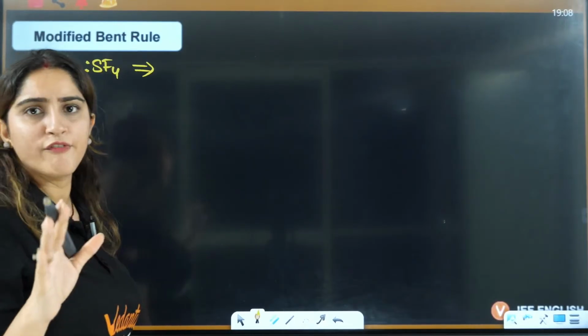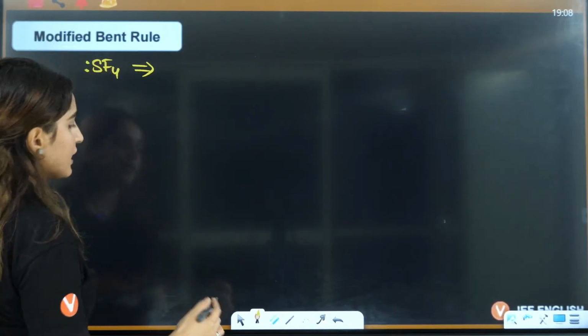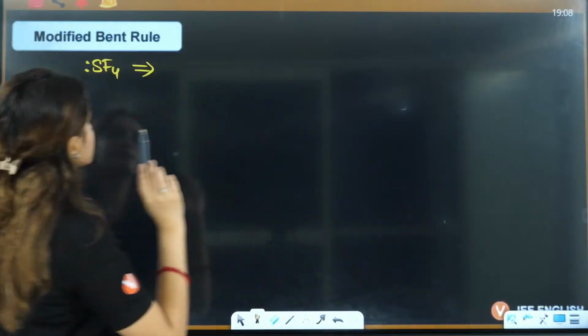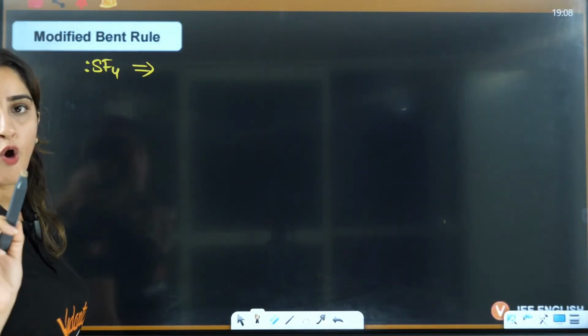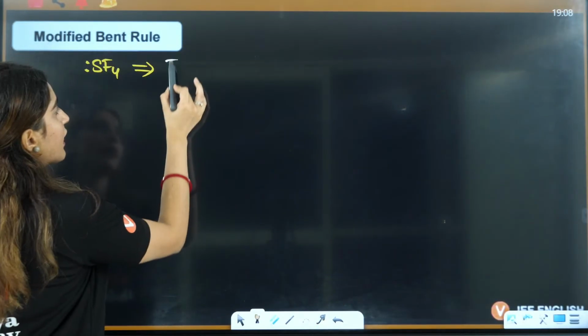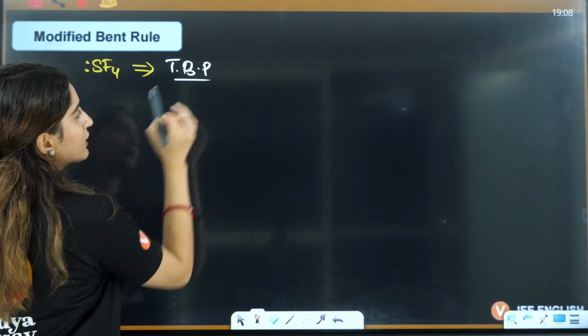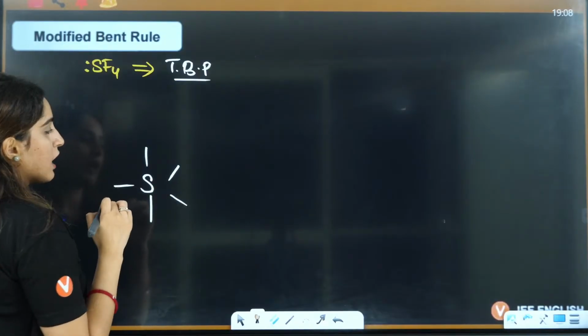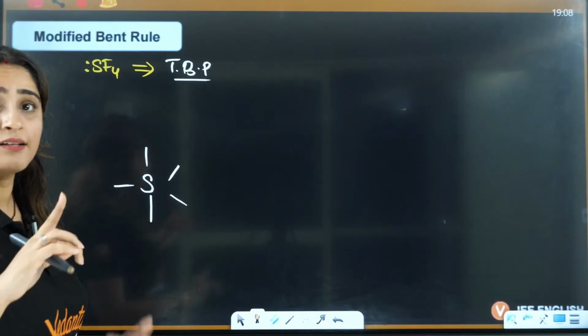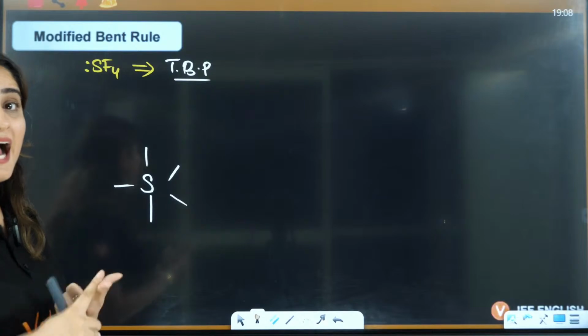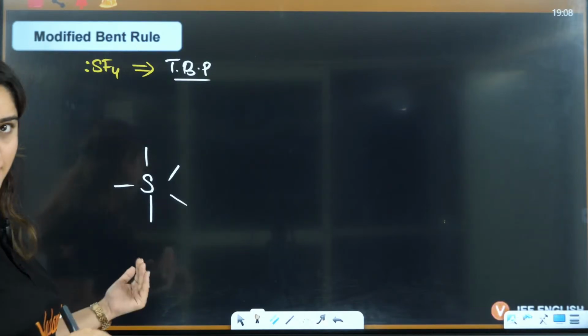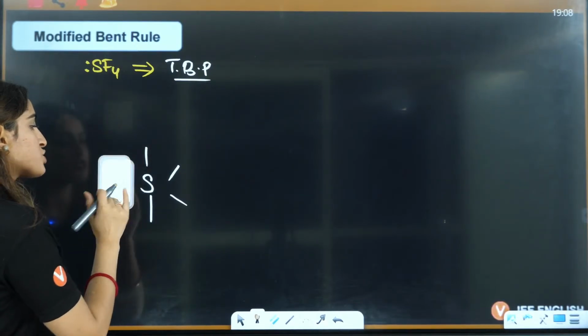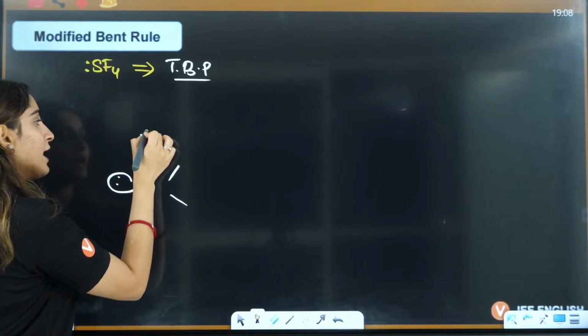This you can easily find from VSEPR and VBT theory. It is trigonal bipyramidal geometry. So it will be S, 1 2 3 4 5. Now, as we discussed, the lone pair will be on that position where s character is more. That means on the equatorial position. So it will be like this and this.